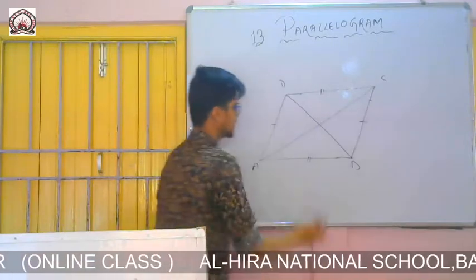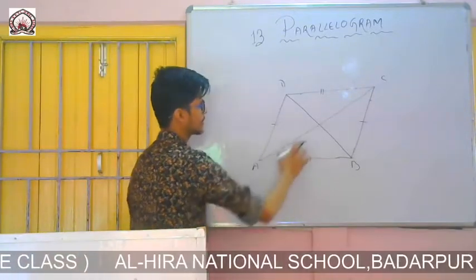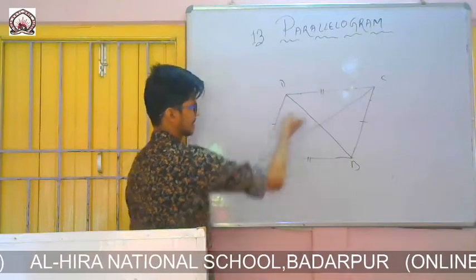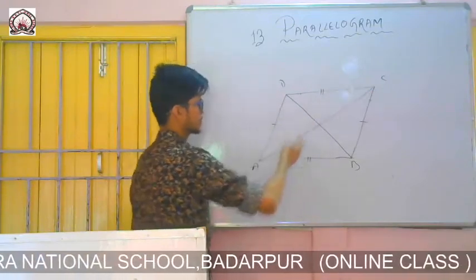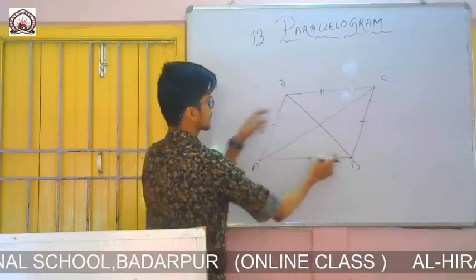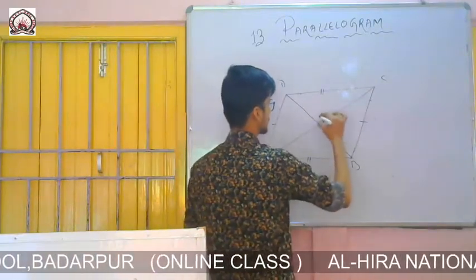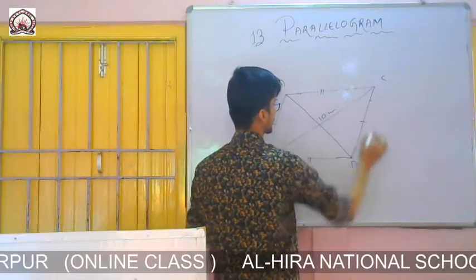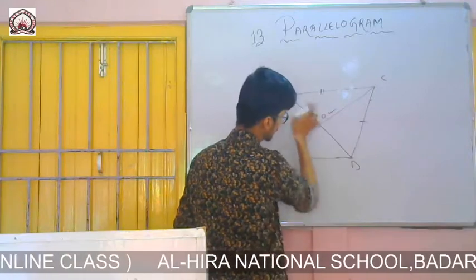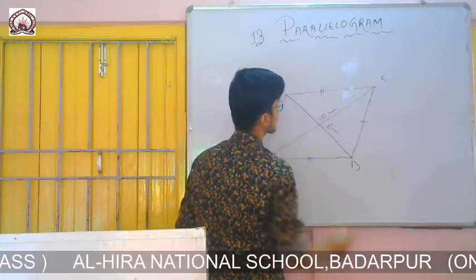This diagonal is longer, you see the distance is more than that one. So you take this one as 10 centimeter, and this other whole diagonal you take as 6 centimeter.